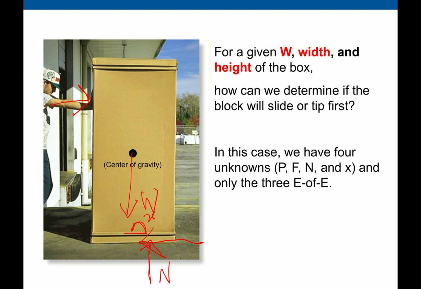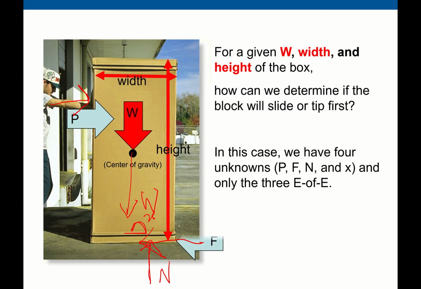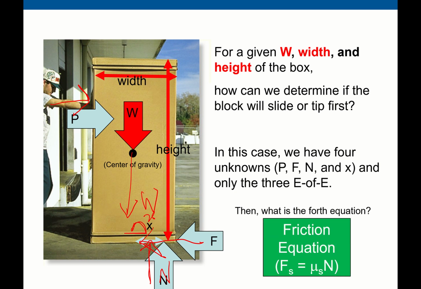Once this object is in impending motion, then we can use another equation. What is that? The last equation is what we learned: the static frictional force is equal to the friction coefficient of the material times the normal force.